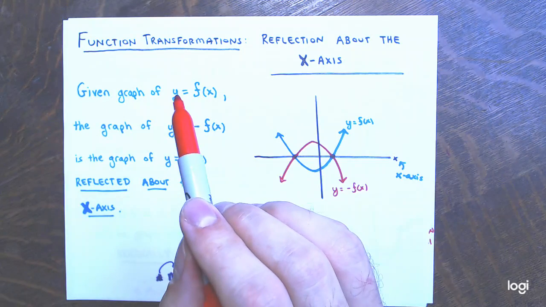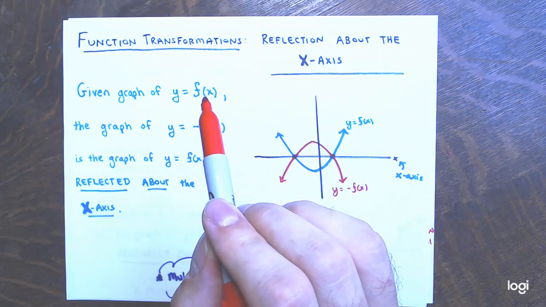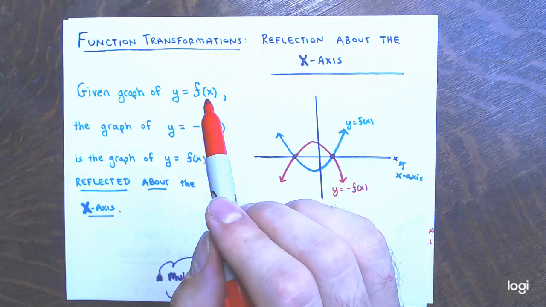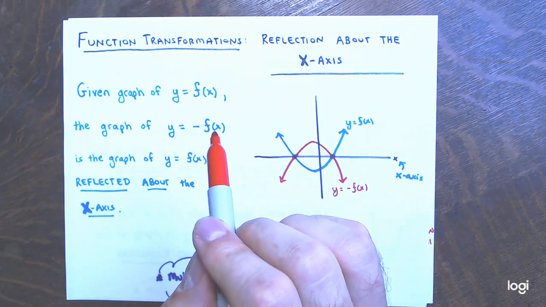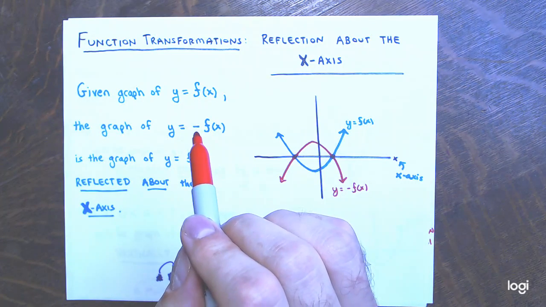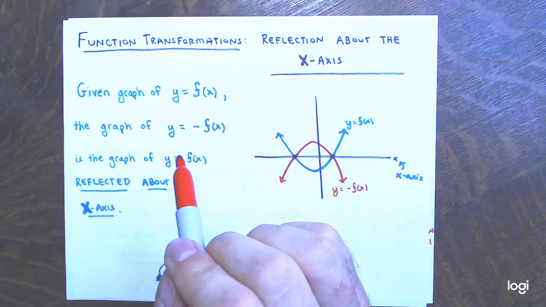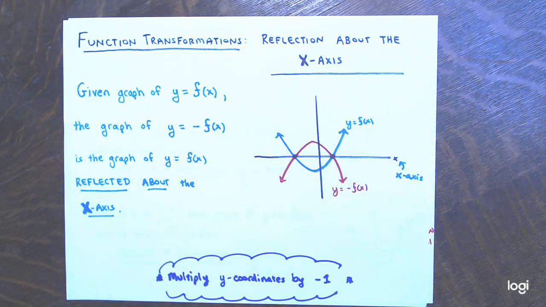So if we're given the graph of y equals x squared, y equals x cubed, y equals 2x squared plus 5, whatever, y equals f of x, some function of x, then the graph of y equals -1 times f of x, where I take the rule the way it was and simply multiply the whole rule on the outside by -1, will be the graph of the original reflected about the x-axis. It'll flip over the x-axis. And again, all you're doing is multiplying the y coordinates by this -1.